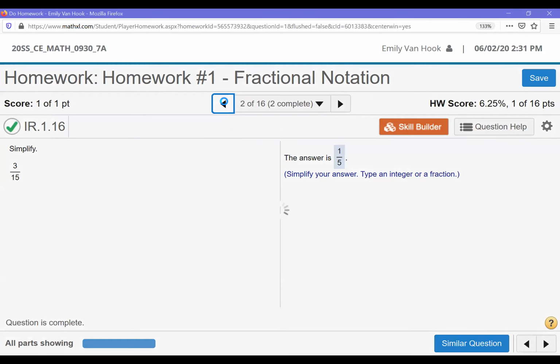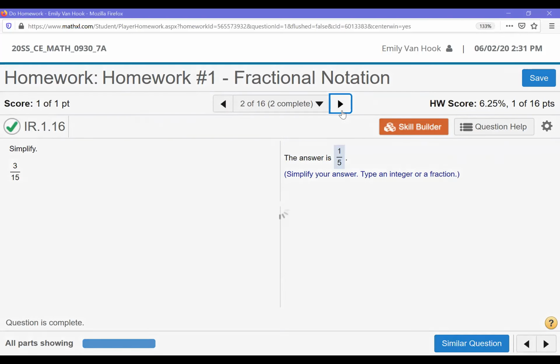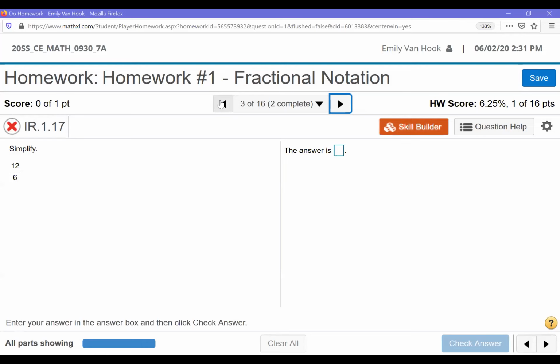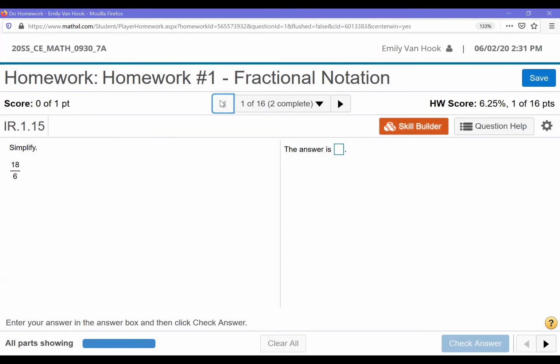You know what? It's not the one I thought it was going to be. Hang on, I'm looking ahead here. All right. Here's number 1. Okay, so this fraction right here, 18/6, we can simplify by dividing out a common factor.